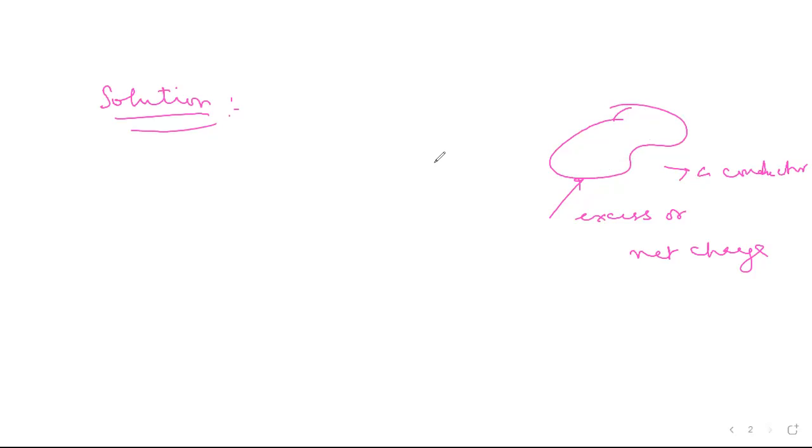That is the property of the conductor, and none of that excess charge is found within the body of the conductor. You can prove that, for example, using Gauss's law.